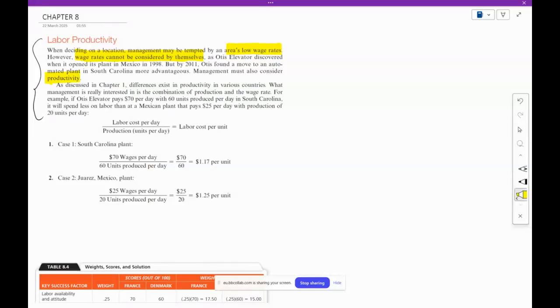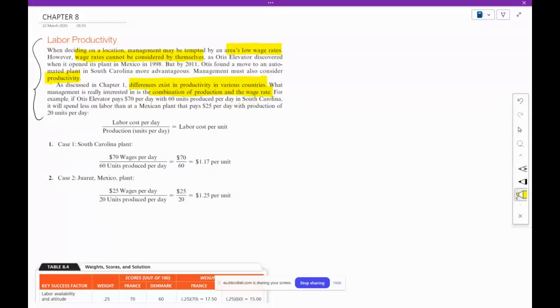As discussed in Chapter 1, differences exist in productivity in various countries. So you see now, productivity differs based on countries. What management is really interested in is the combination of production and the wage rate, the relationship between production and the wage rate.